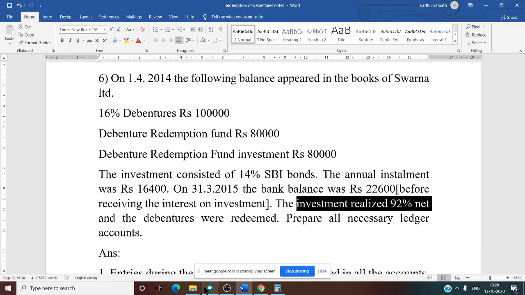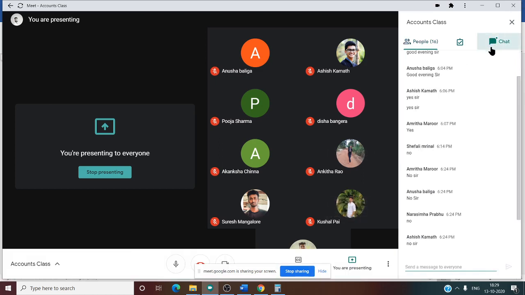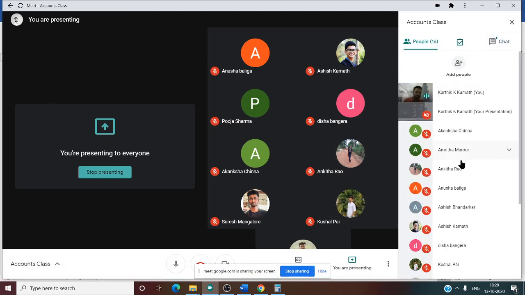So now by seeing this, can you tell me whether there is a profit or loss? Very simple. By seeing this, can you tell me whether there is a profit or loss in the debenture redemption fund investment account? 92% net. By seeing the figure itself, we can tell whether there is a profit or loss.